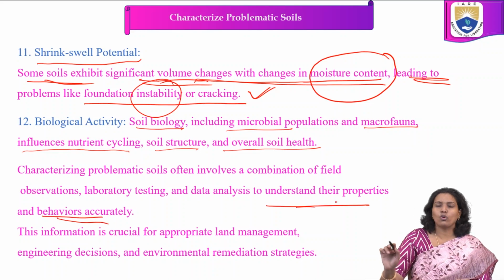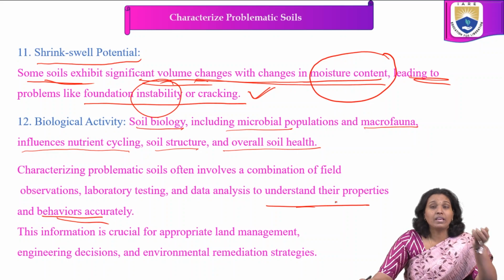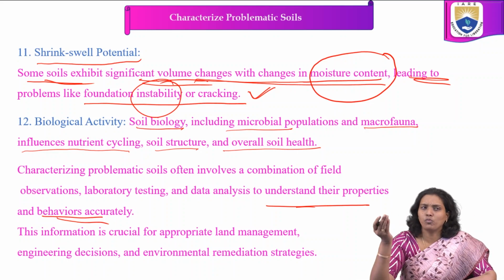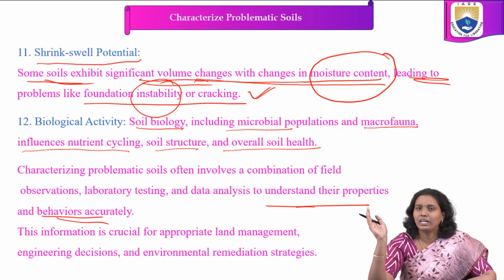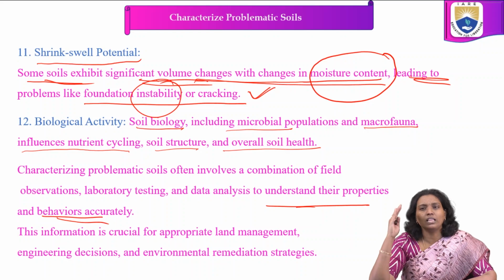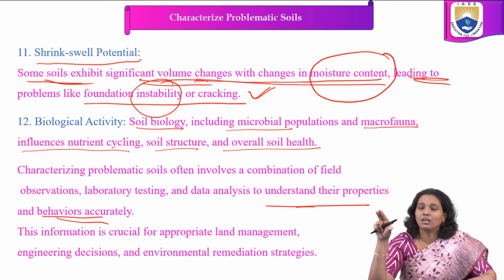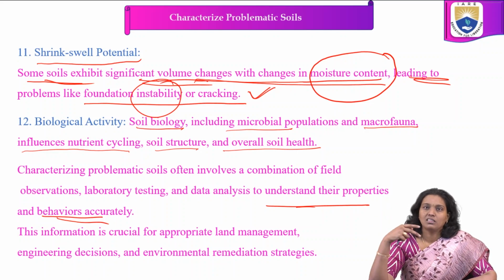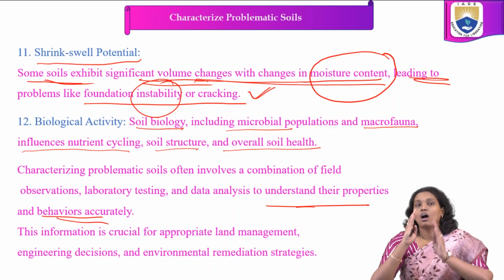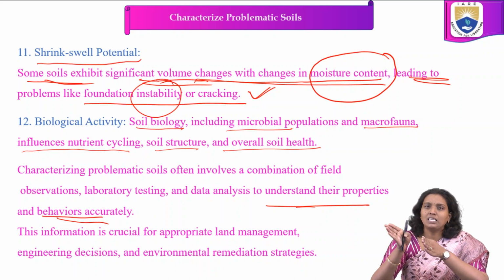Only after understanding these properties and behaviors accurately do we move on to any type of construction or agriculture, whatever the requirement is. These characteristic properties help us identify where the problem is, like shrink-swell, pH value, contaminants, mineral composition and other parameters, and which soil properties they are going to affect.